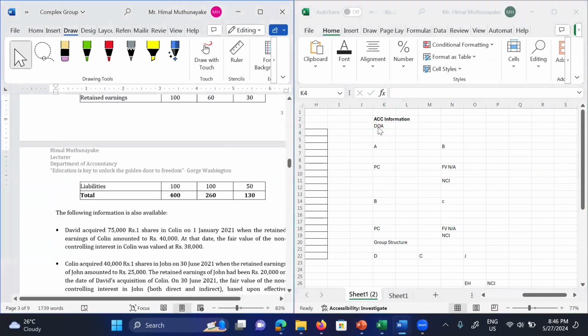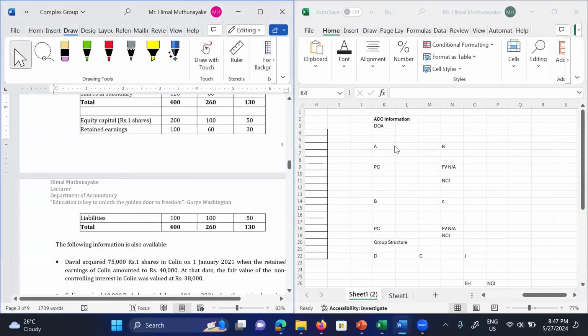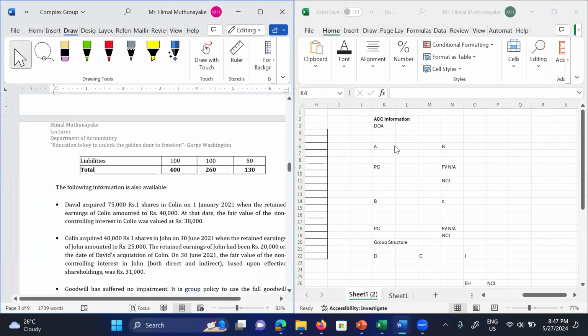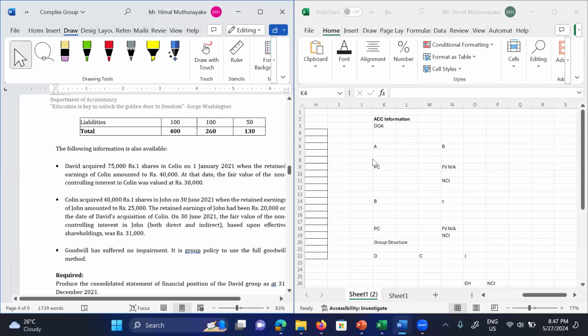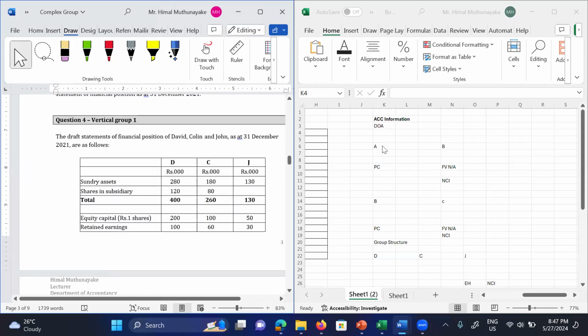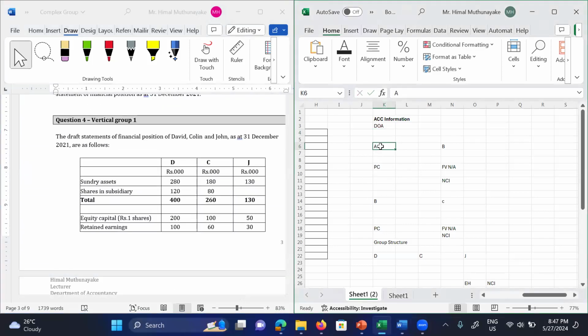So the date of acquisition, when it comes to companies A and B, sorry, not A and B, it should be DC, and it should be CJ.